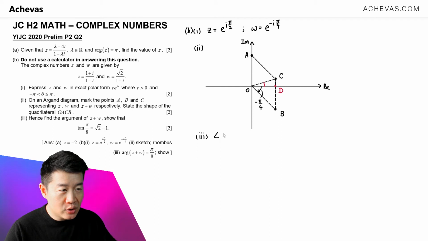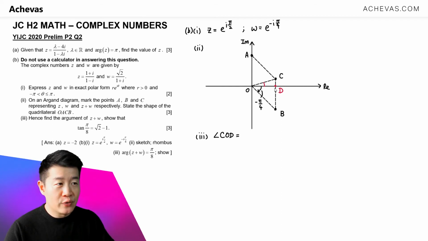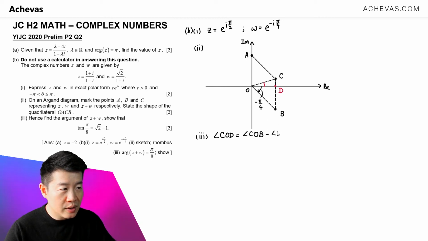So for this angle COD, my plan is to find angle COB minus angle BOD. So angle COB, this angle here, minus this angle BOD, which I already know is going to be pi over 4.